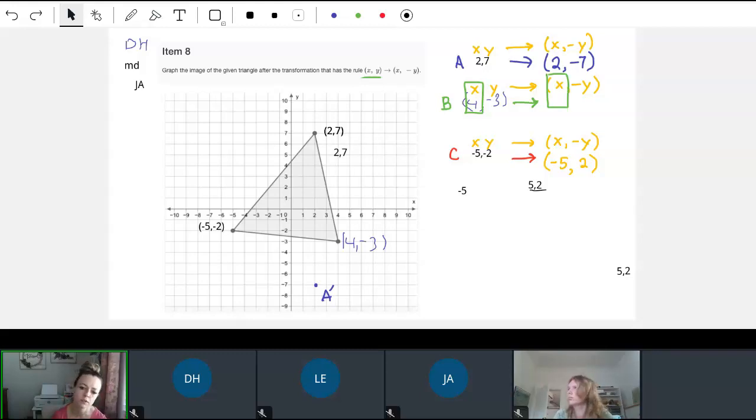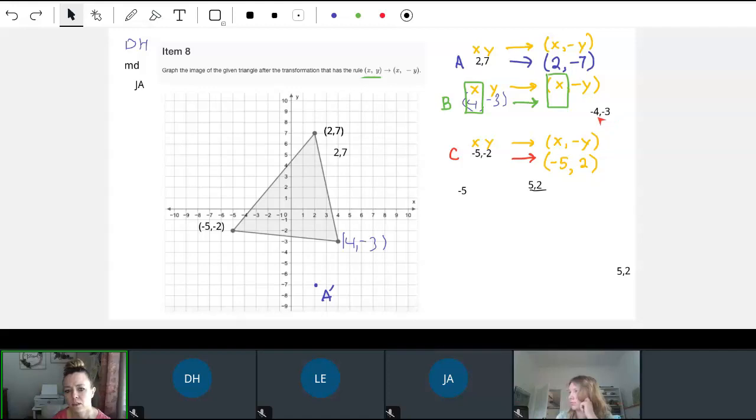Do you guys see what I'm saying? Janelle, are you with me, Dahlia? Okay, this is close. With the x value, you don't have to change the sign. With the y value, you do. So this means that the x value, just keep it.